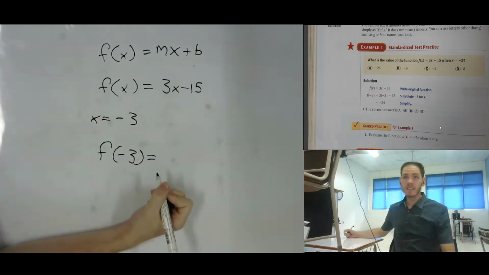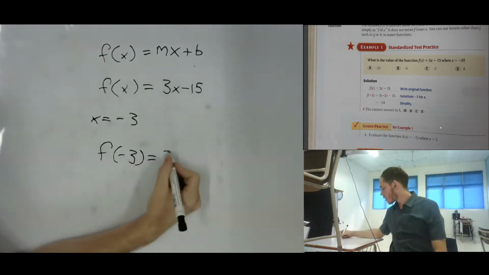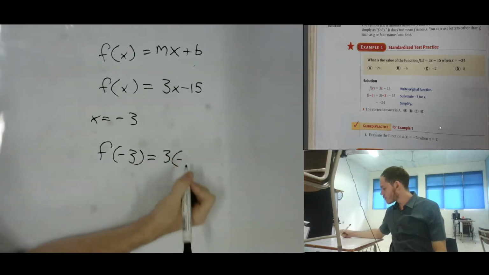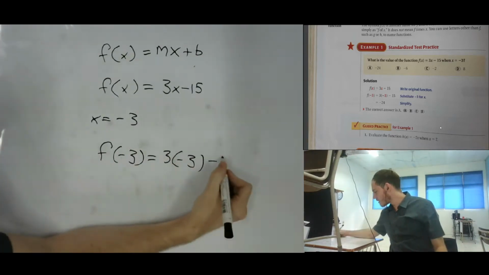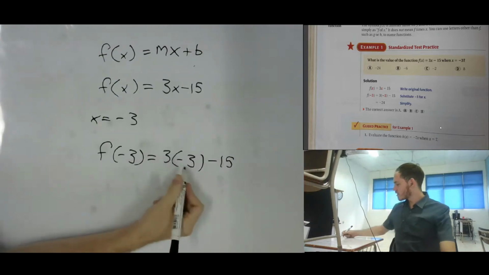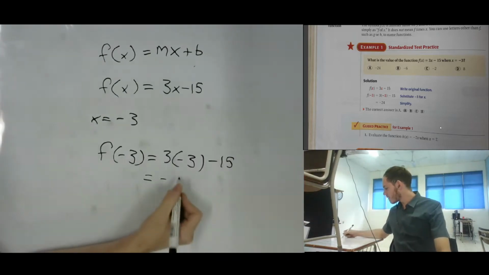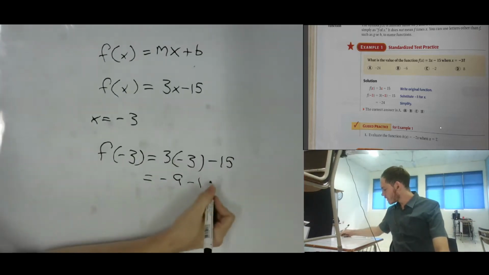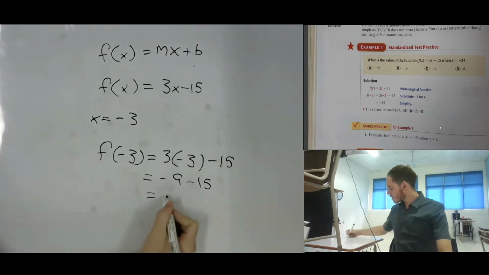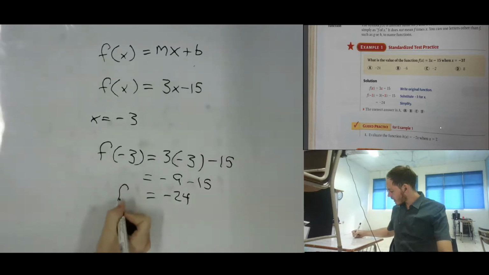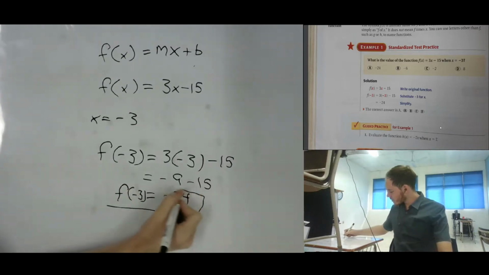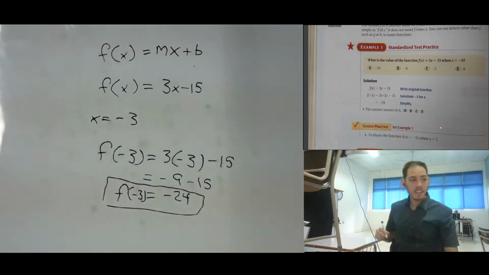Now f of negative 3 is going to equal 3 times, we're going to plug in negative 3 for x, times negative 3 minus 15. So 3 times negative 3 is going to equal negative 9 minus 15. So our answer is going to be negative 24. And so we're going to say f of negative 3 is negative 24. And that is going to be our answer.